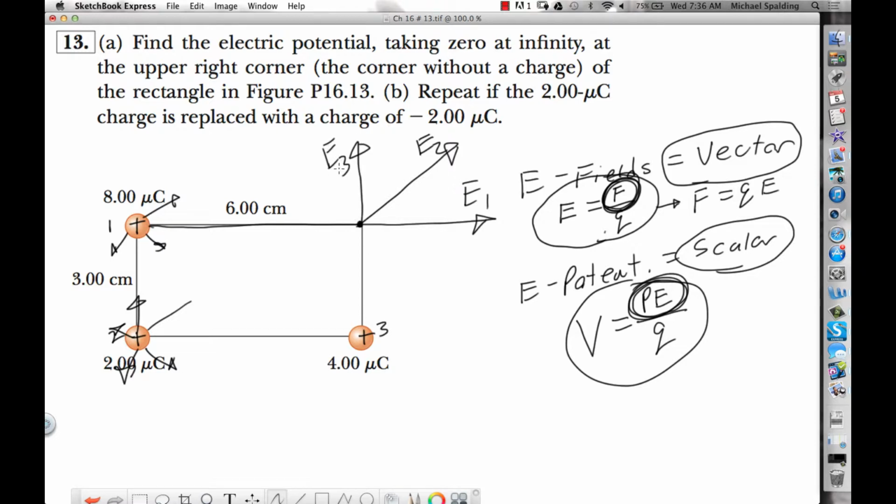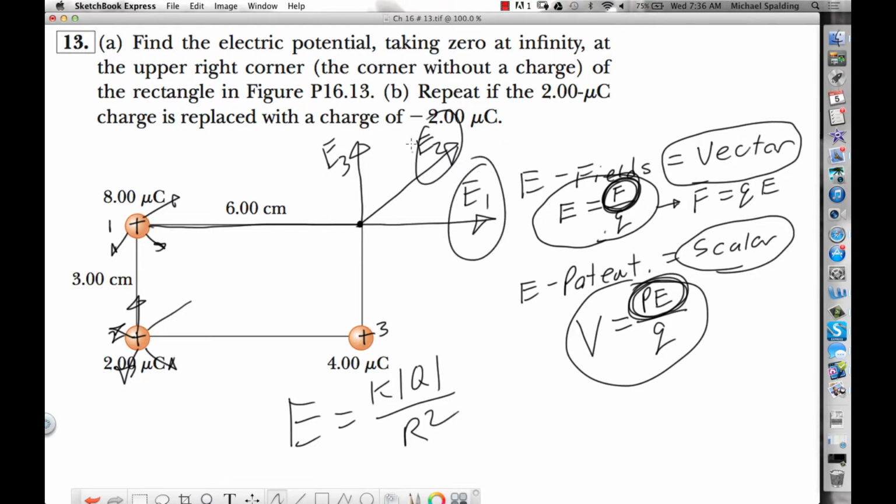Then what's the equation for electric field? K, Q over R squared. So you'd find E1, E2, E3, like three separate calculations. You'd have to figure out this theta, and then the rest of the problem would be vector. Figure out your total x, your total y, Pythagorean theorem. That's how you would do electric field.